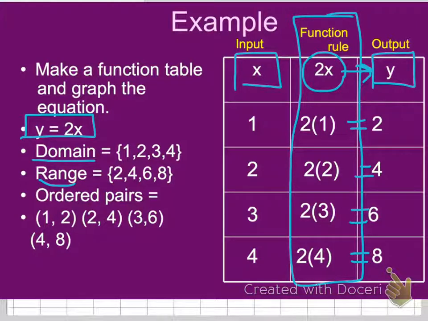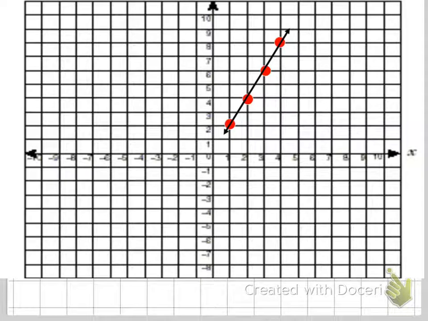So these right here, 1, 2, that is your ordered pair 1, 2, and then your ordered pair 2, 4 right here, and then 3, 6, and then 4, 8. So this is another way that you can graph or plot these points on a coordinate grid.